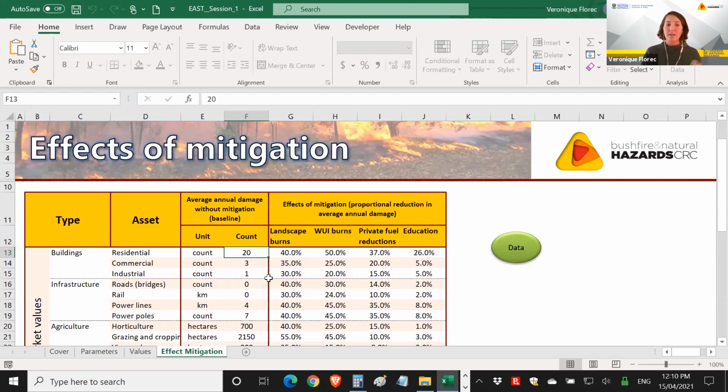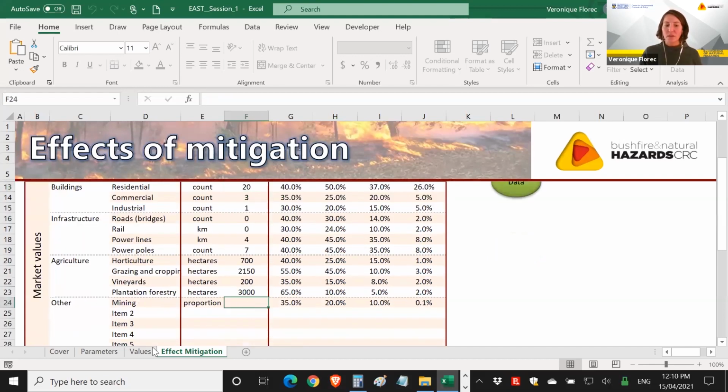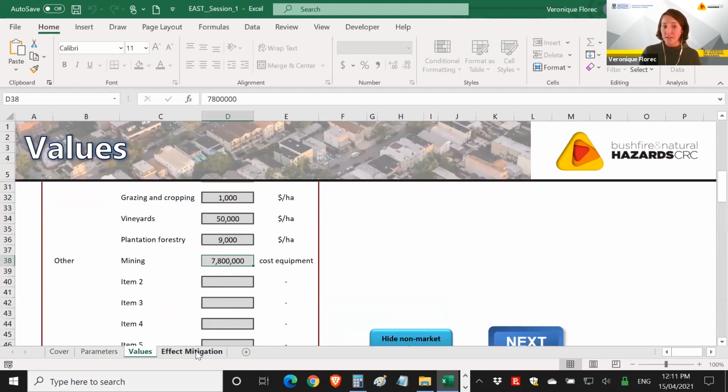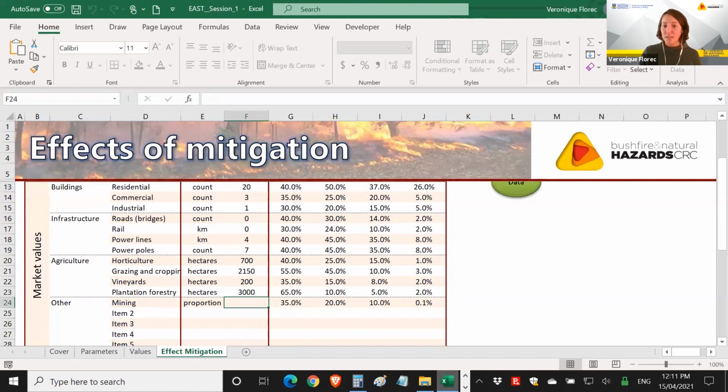So it's multiplying the value of the asset times the number of that asset destroyed on average per year. Because we're multiplying, we need something that, multiplied by this 7.8 million, will give me this 52,000.